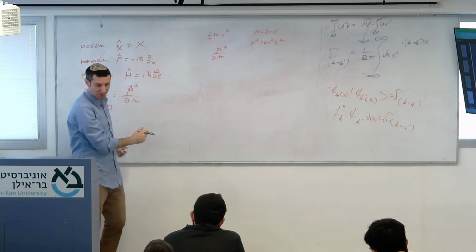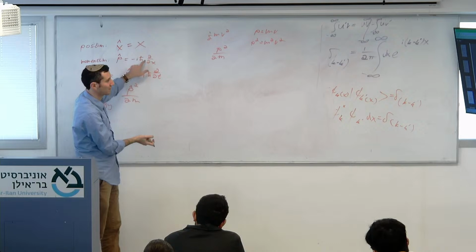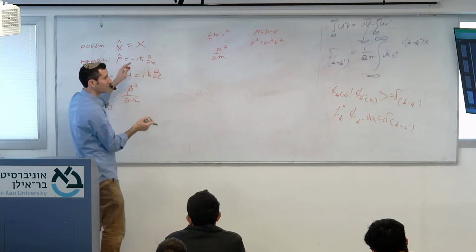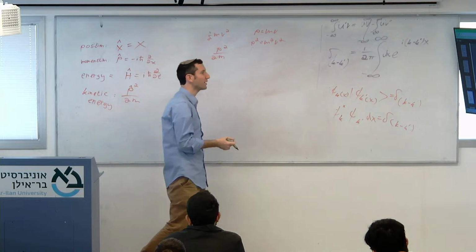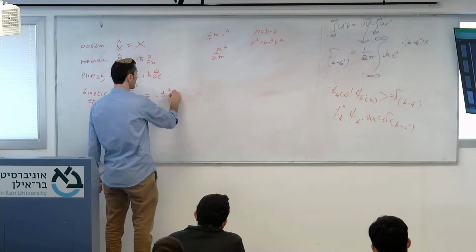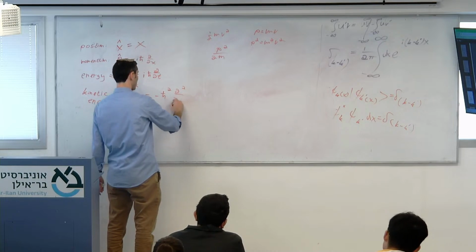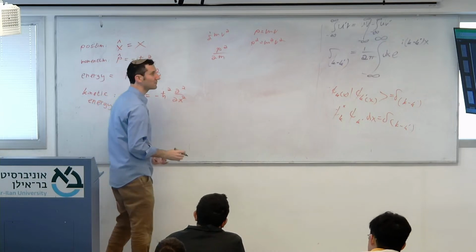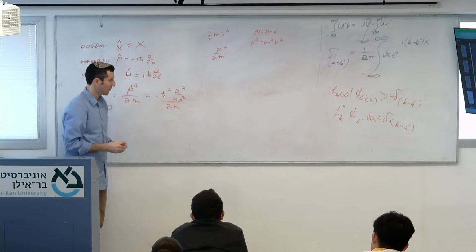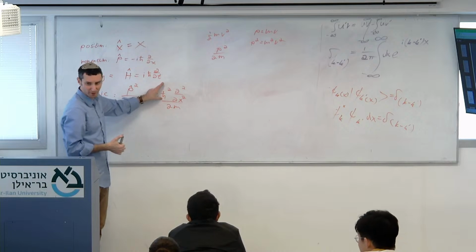Therefore, it is going to be p squared divided by 2m. 2m is still going to be a number. p, however, is going to be that. So if I take the square of that, what do I get? Minus h bar squared d/dx squared over 2m. Here in the numerator I have p squared.